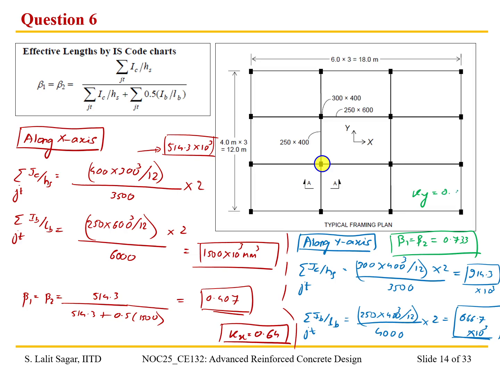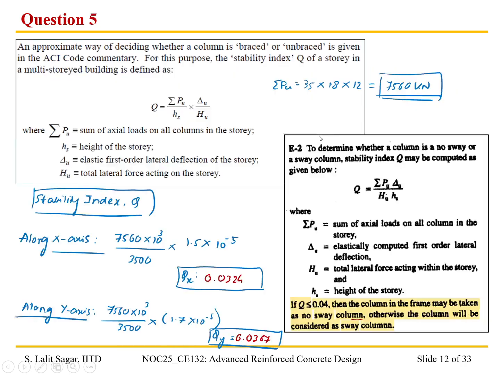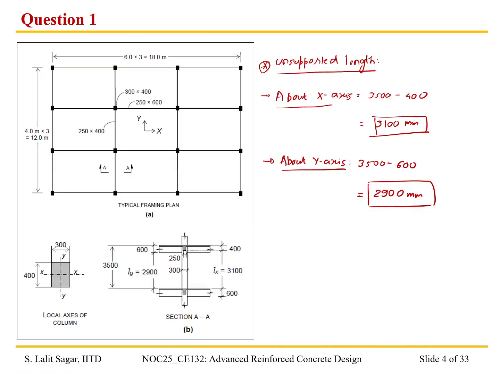So now once we have the value of kx and ky, we need to go back to the unsupported length along the x and y axis. Unsupported length along the x axis is 3100 and unsupported length along the y axis is 2900.